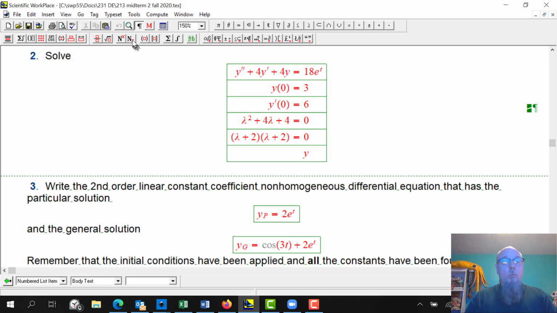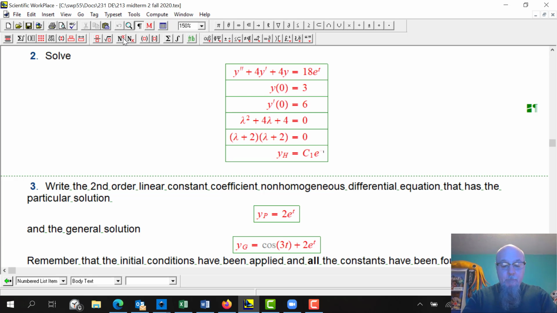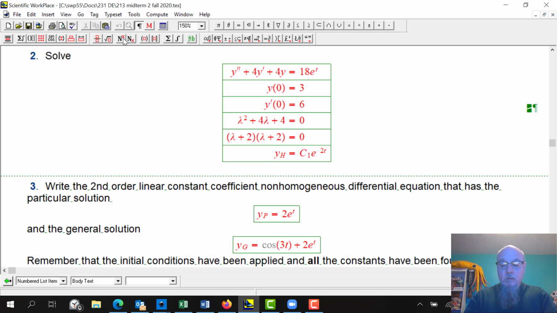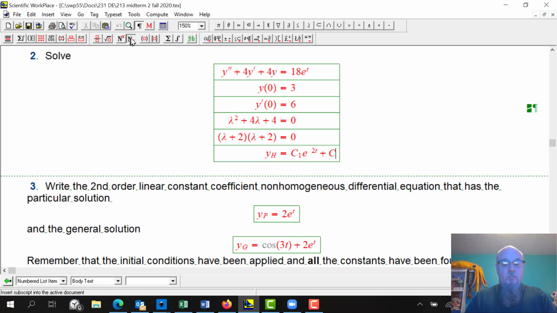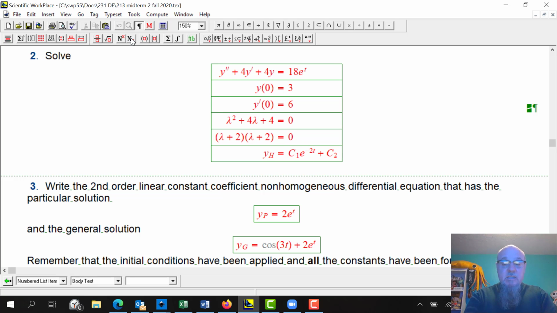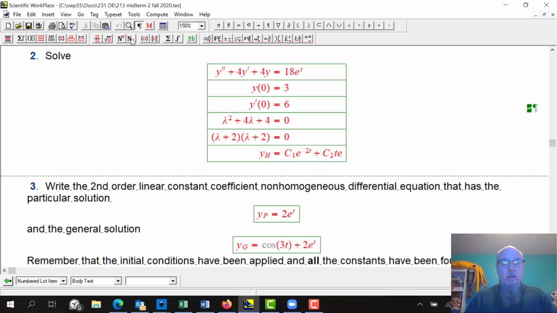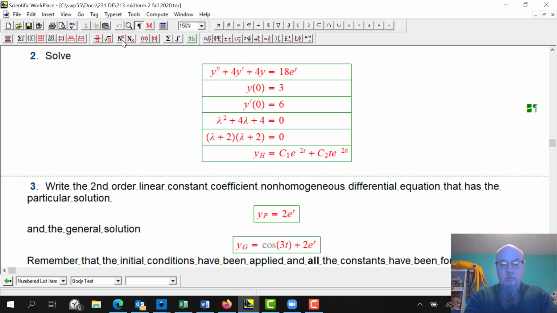So our homogeneous solution is of the form c1 e to the minus 2t plus c2 t e to the minus 2t.